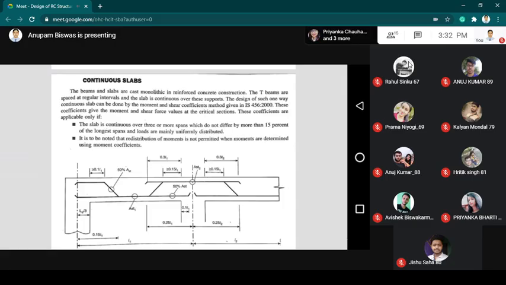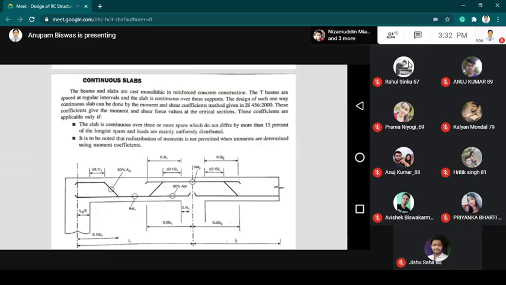Now, there is another term called redistribution of moment, and because of this, there is no permission for redistribution of the moments determined using the moment coefficients. In the deflected profile there will be certain changes in the moment, and the values will actually change.